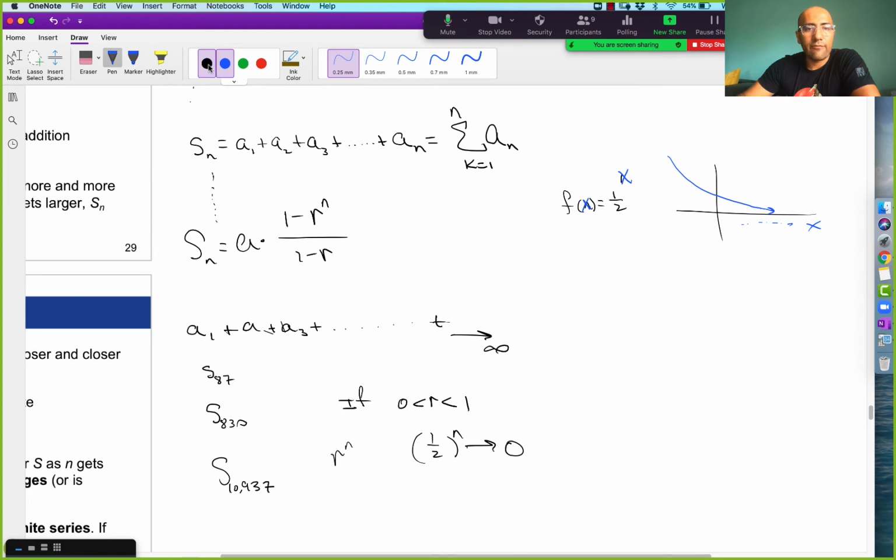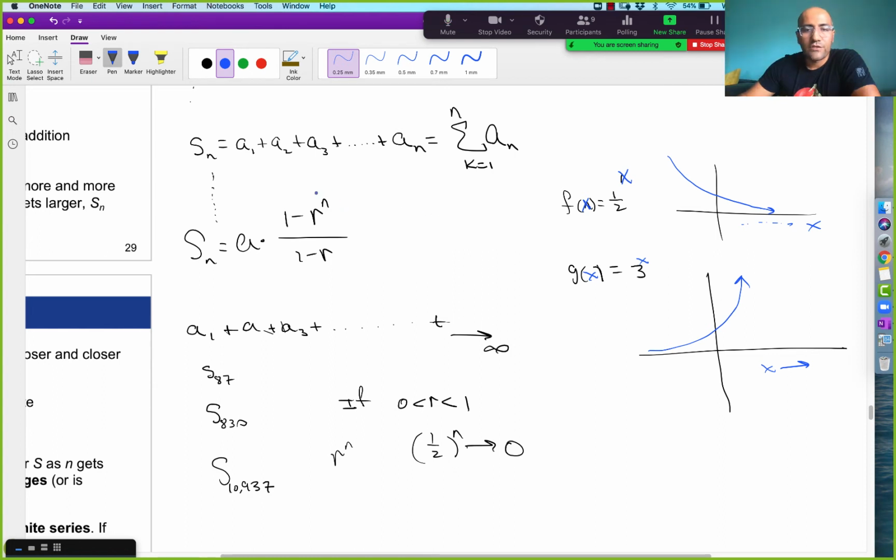On the other hand, if we had a function g of x equals, say, 3 to the power of x, when this base number is bigger than 1, remember that its exponential function will have the other shape. It'll go in this direction. So as x goes toward infinity, this blows up out of control and goes toward infinity.